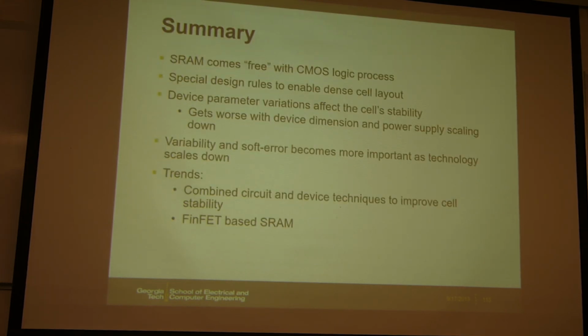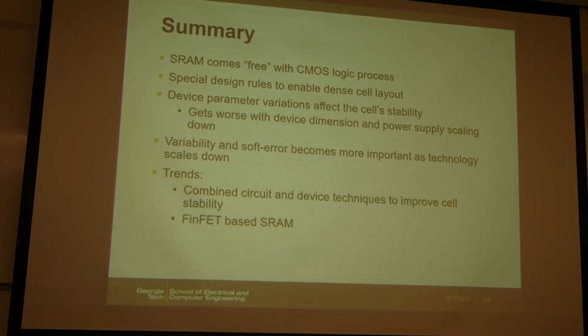Okay, so to summarize the SRAM section, SRAM comes free with the CMOS logic process. They are the same kind of fabrication process, but there are special design rules to enable a very dense layout of the SRAM cell. And parameter variation is a key challenge for SRAM design at the advanced technology nodes. Soft errors will also become worse when you scale.